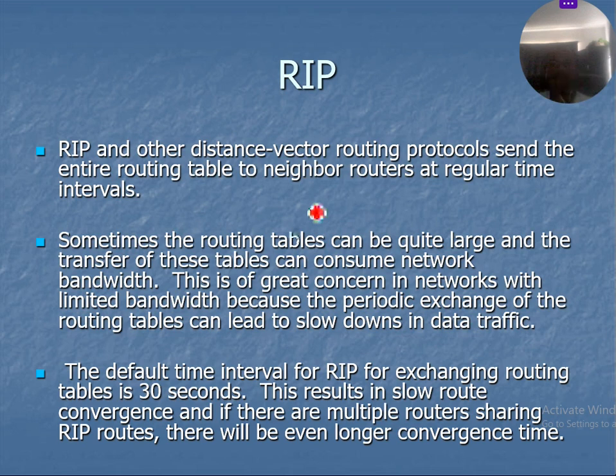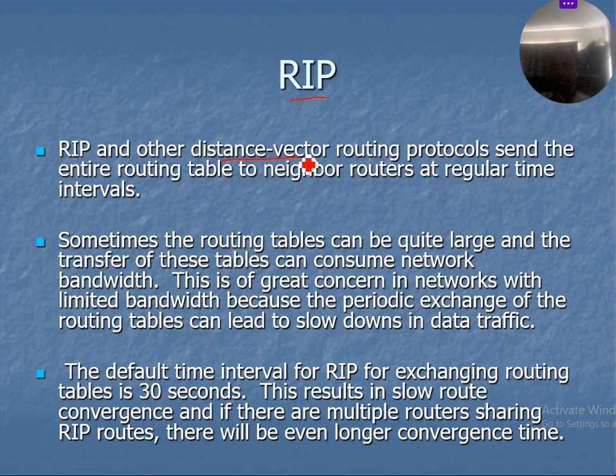Now, still on Routing Information Protocol, other distance vector routing protocols send their entire routing table to the neighbor routers at every regular time interval. Not only Routing Information Protocol, but any other example of a distance vector protocol carries out the same mechanism.